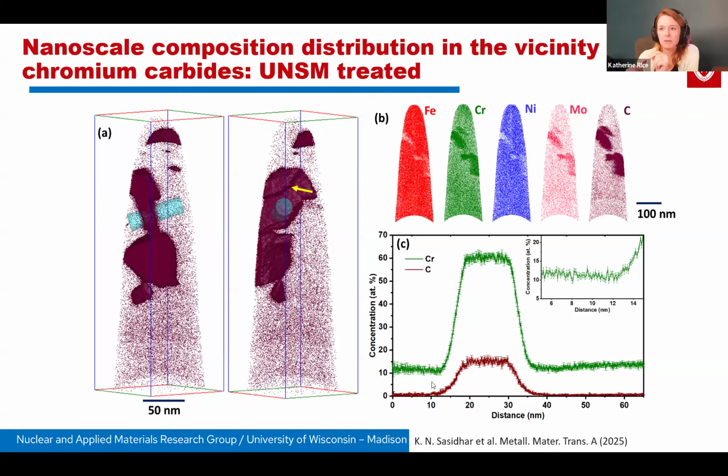As they keep coming in, I have a question. Were you able to see any changes of chromium content in the matrix after the UNSM process? If you looked at the matrix without the carbides, as you can in atom probe data, are you able to see any frequency distribution changes, things like that?